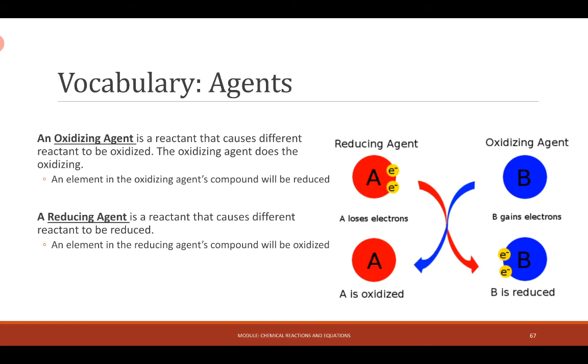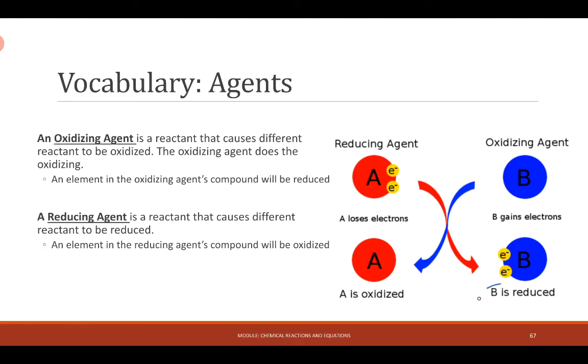Some additional vocabulary for you. For the previous problem, we were identifying whether a reactant was oxidized or whether it was reduced. If something is getting reduced, it's gaining electrons from something else. That means it's taking electrons away from something else. And in turn, that means that something else is getting oxidized. So if something is getting reduced, it must be taking an electron from something else in order to get reduced.